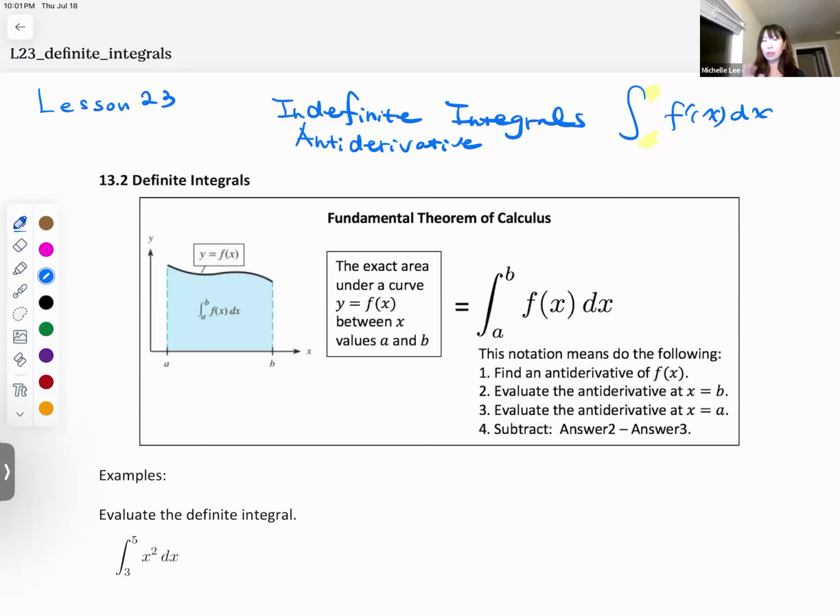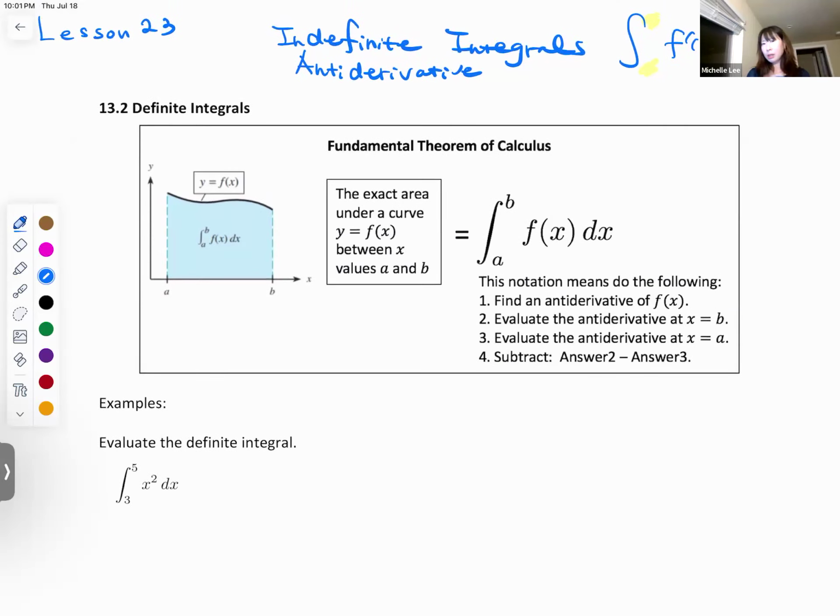We don't do that rectangle anymore, okay? Because mathematicians always look for an easy, convenient way. This is easier than drawing the rectangle all the time and finding the area of each rectangle. That's a lot of work.